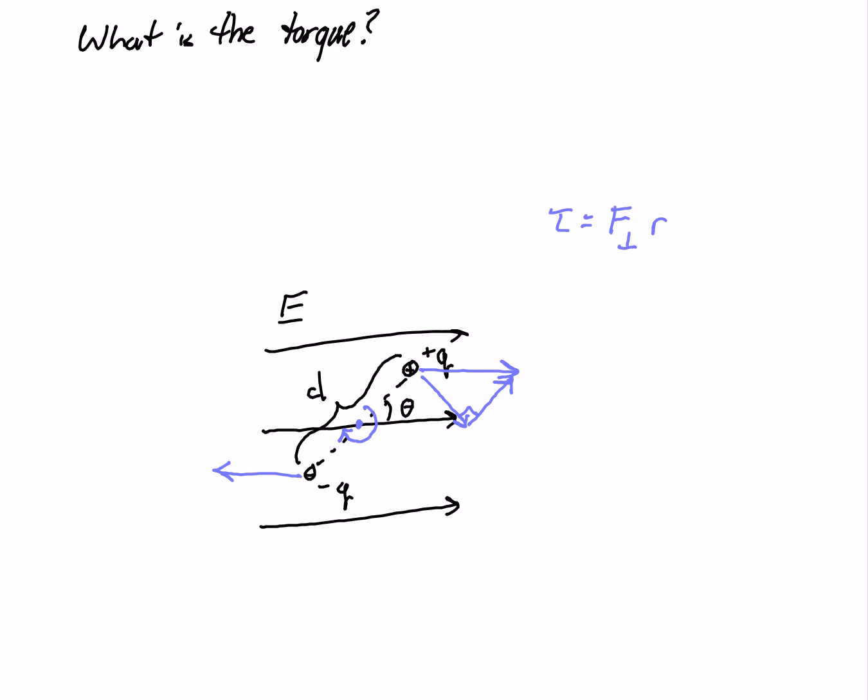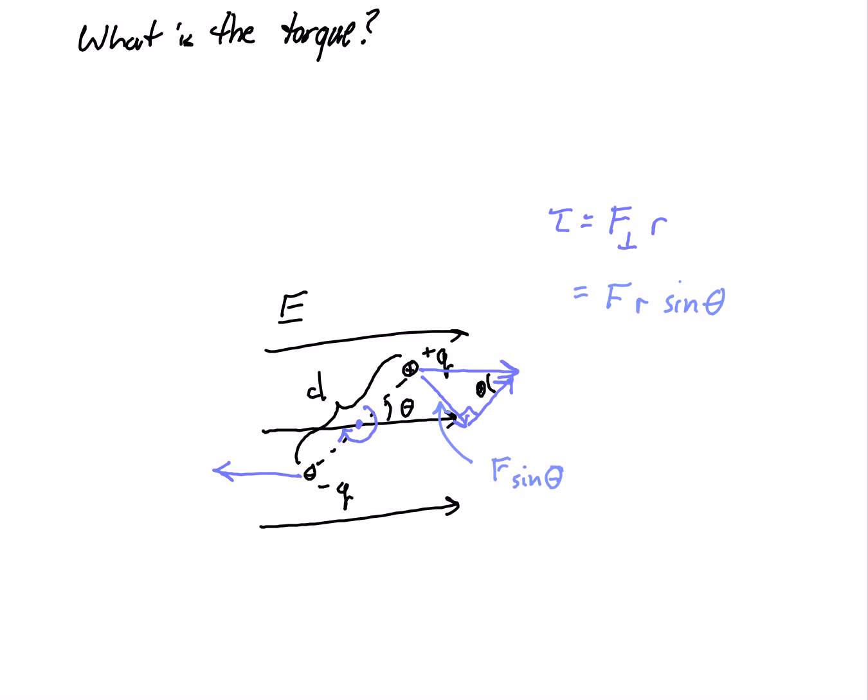Some geometry will show us that this angle here is theta, and so that makes that perpendicular component basically F sine theta. Substituting that into the torque, we have Fr sine theta.